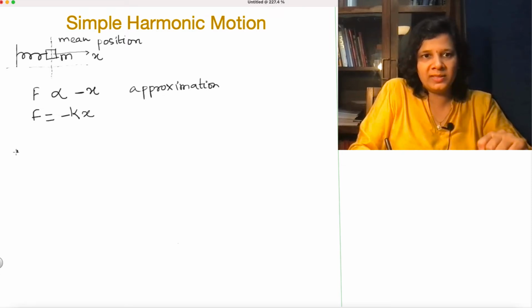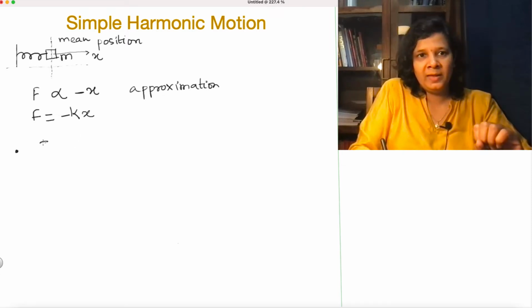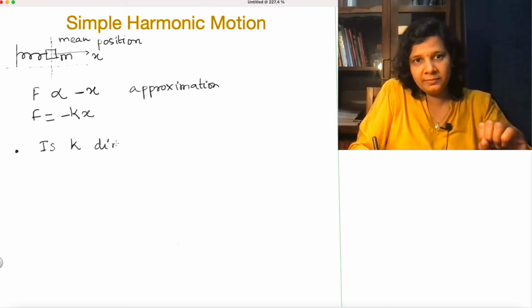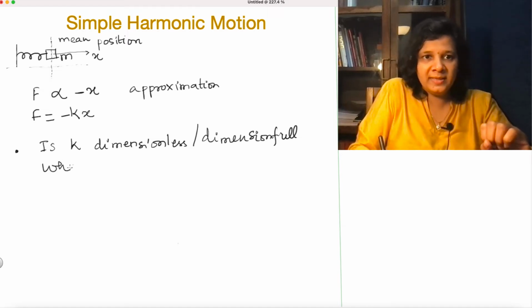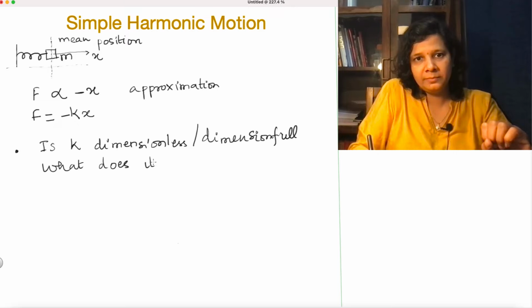Let us try to understand what this k is. Is k dimensionless, or dimensionful? And what does this k signify?